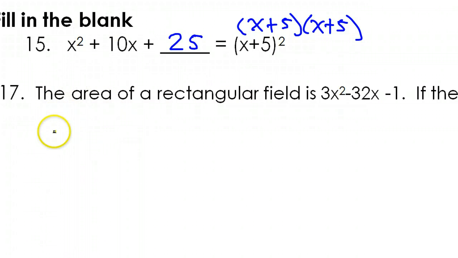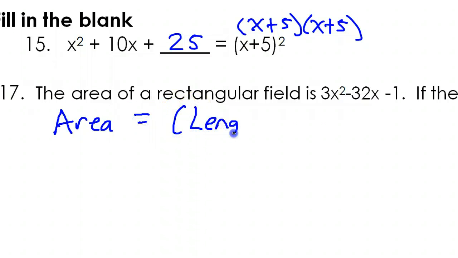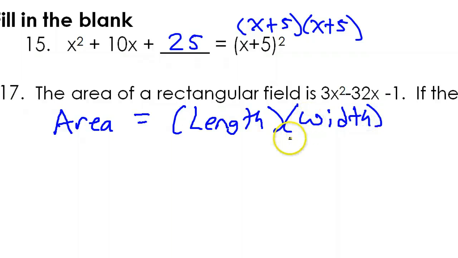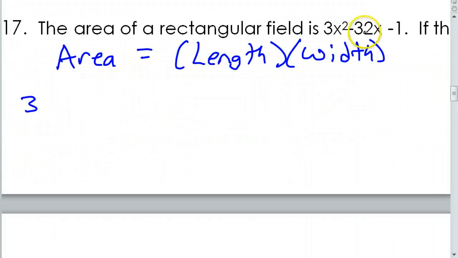I'm hoping that you know that the area of a rectangle is equal to the length times the width. Okay. So the area is 3x squared minus 32x minus 1. Wait, there's a little typo right here, so we need to change this. That should just be negative 2x like that.